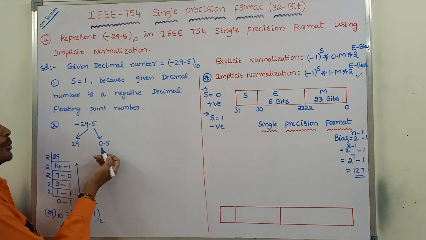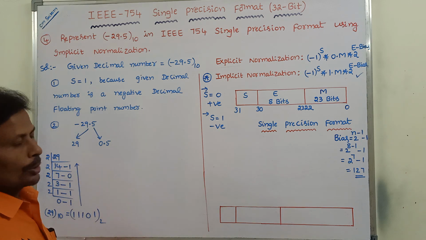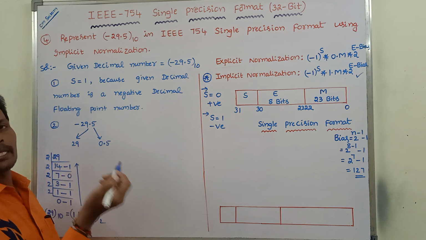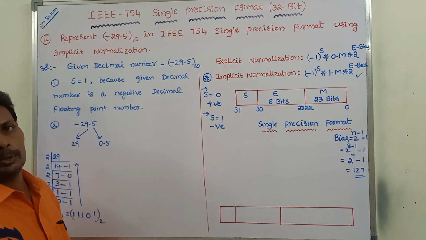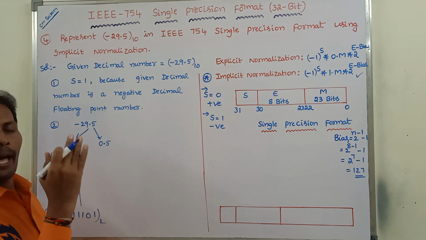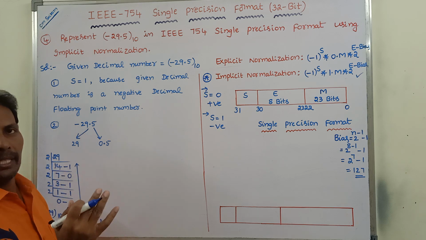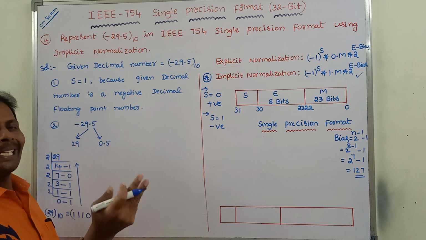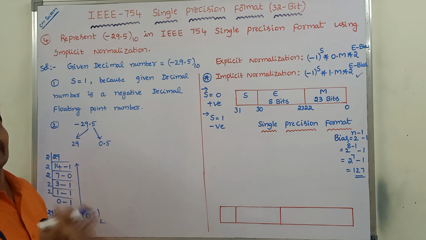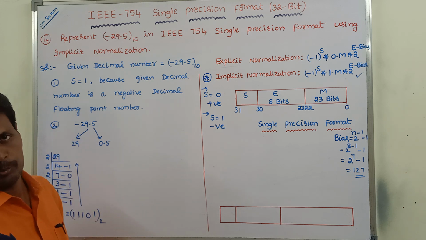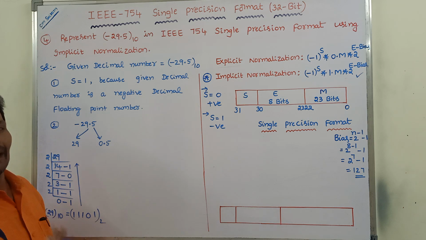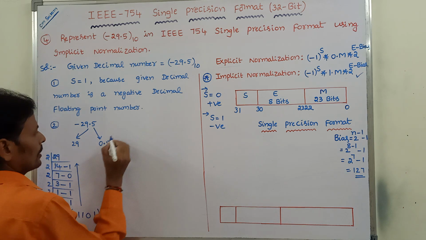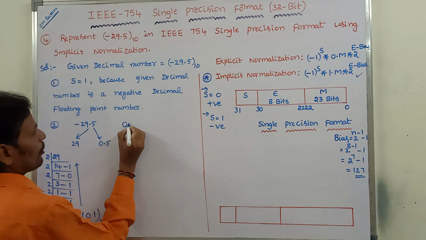Next, you have to take the fractional part. To convert the fractional part, you have to successively multiply by 2, and whatever value we get, you separate the integer part. Only the fractional part is multiplied by 2 until we get the 0 value. So the fractional part is 0.5.